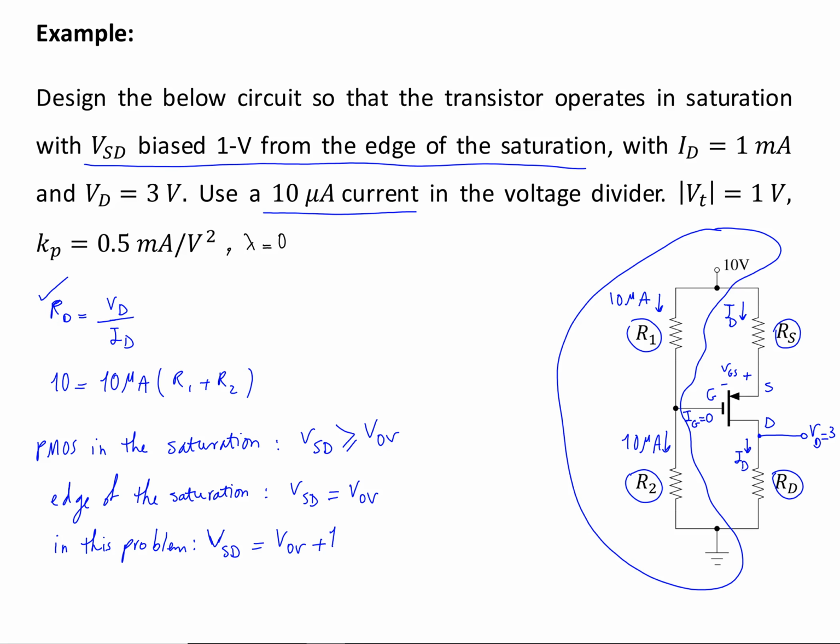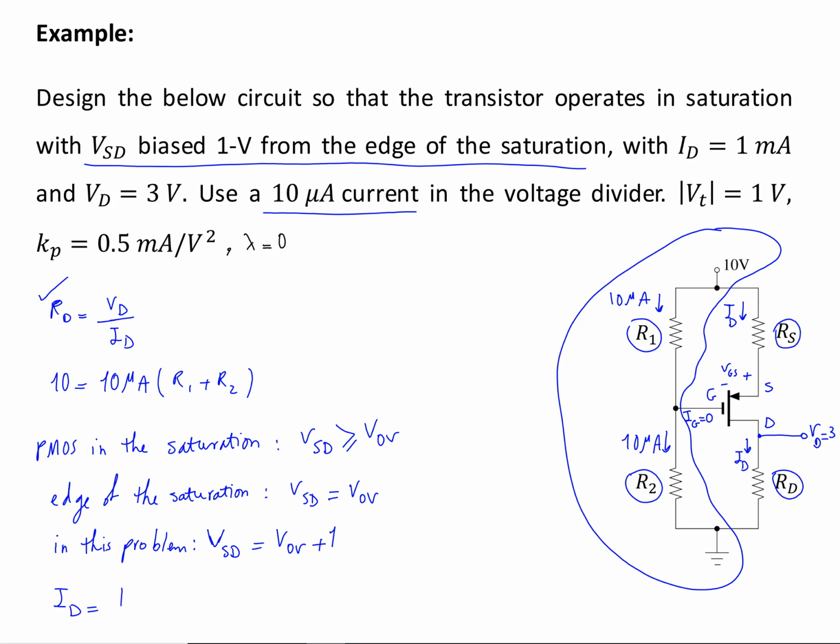Let me go back to my plan. I have the drain voltage here, which is at 3 volts. I don't know the value of V overdrive, and I don't know the source voltage. But I have ID, and I know the transistor operates in saturation region, so I have one piece of the puzzle.